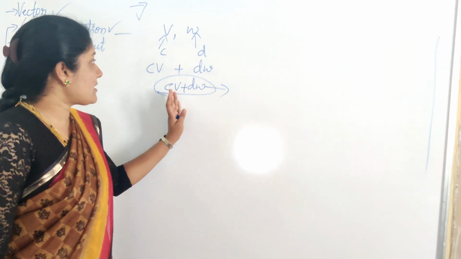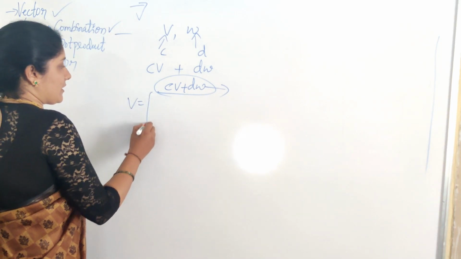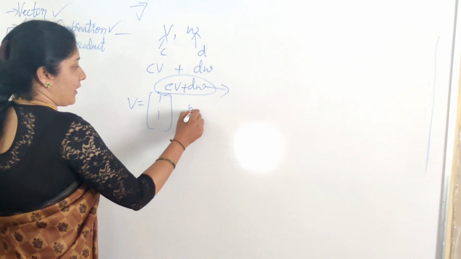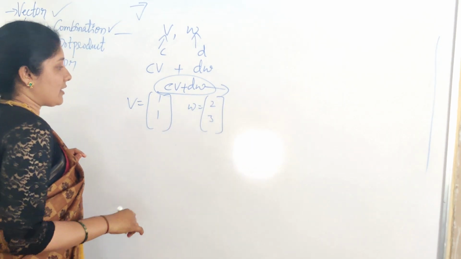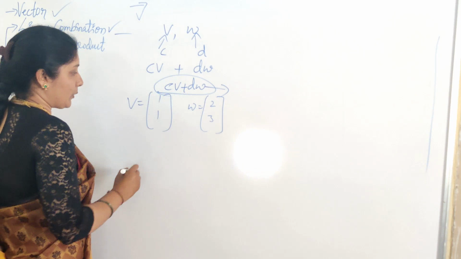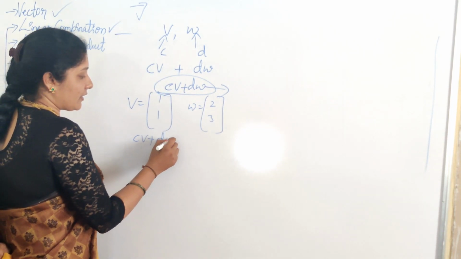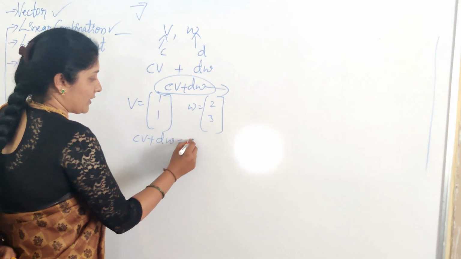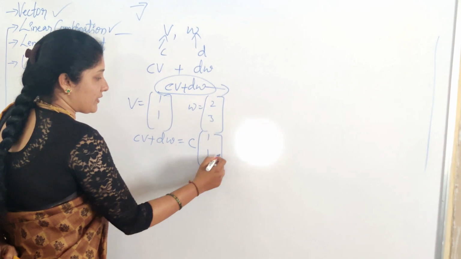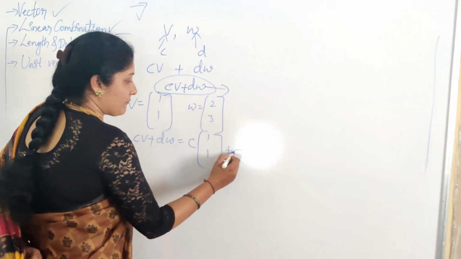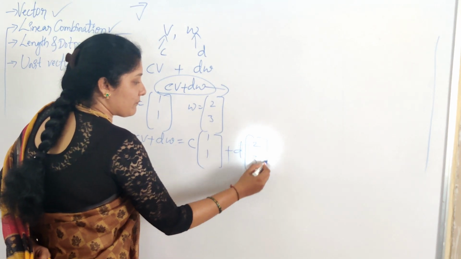Now let us consider one example for this. Let v be (1, 1) and w be (2, 3). Now, what is the linear combination? cv plus dw is equal to c into (1, 1) plus d into (2, 3).